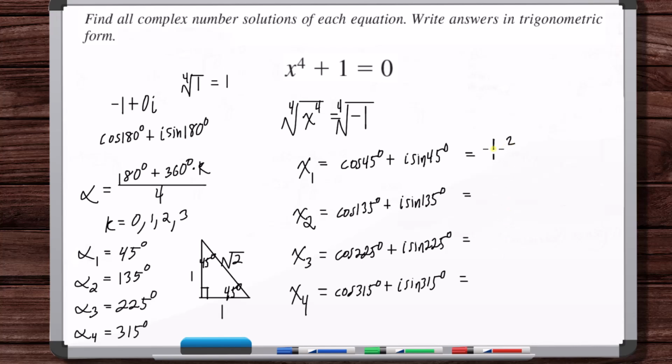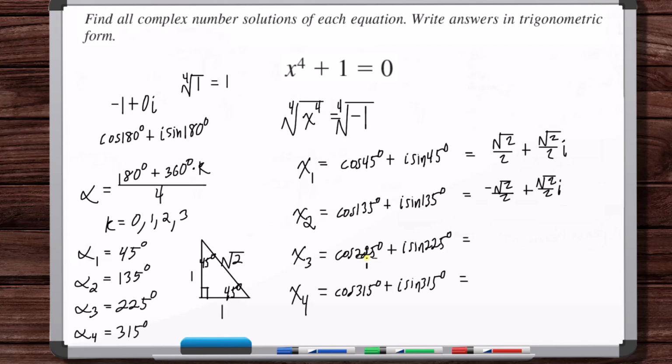So root 2 over 2 plus root 2 over 2i. Okay, in the second quadrant, reference angle 45 degrees, we'll have the cosine component is negative, or the horizontal component, so minus 1 over root 2, so minus root 2 over 2, and then plus root 2 over 2i.